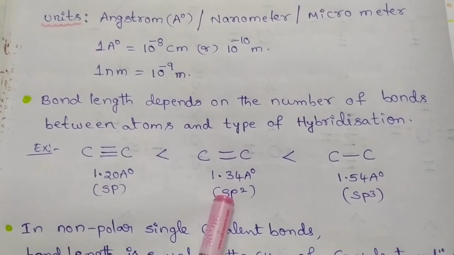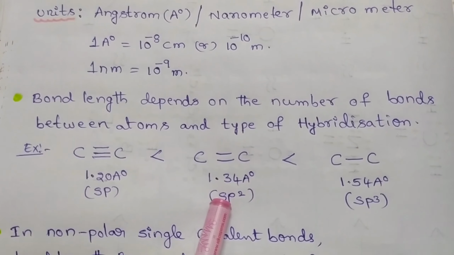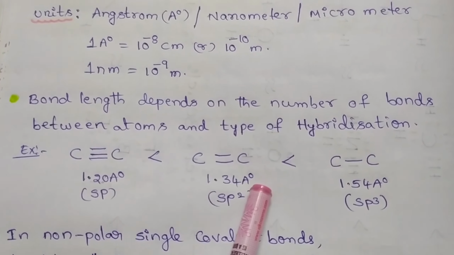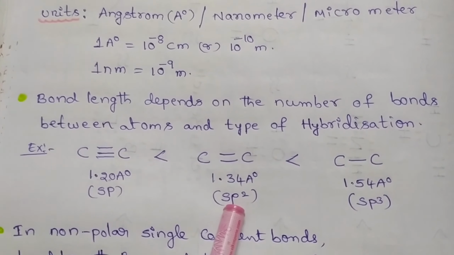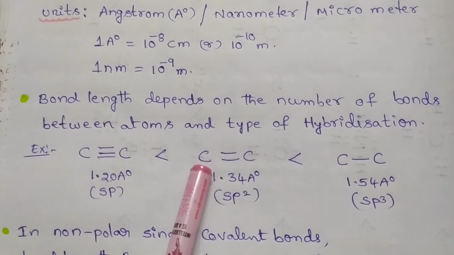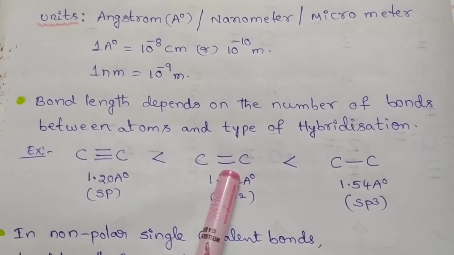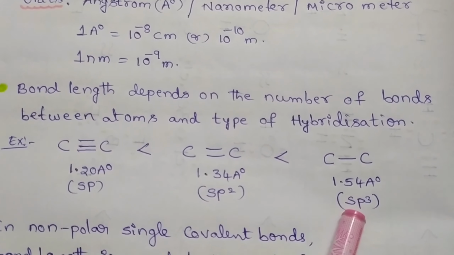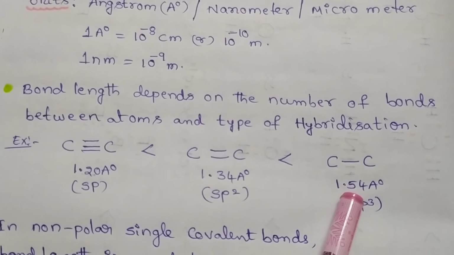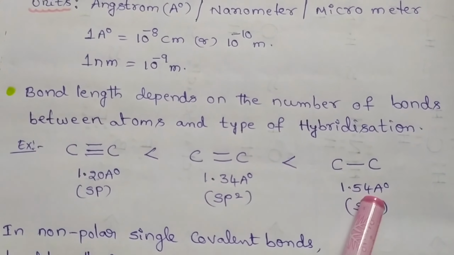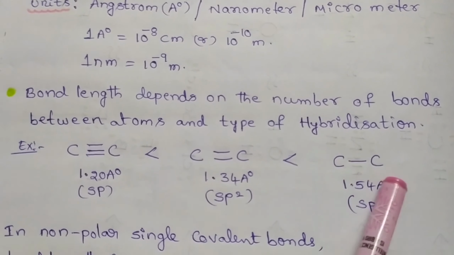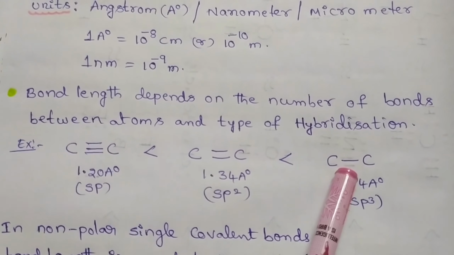For sp2 hybridized molecules, the bond length is 1.34 angstrom units, and between the two atoms there is a double bond. In sp3 hybridized molecules, the bond length is equal to 1.54 angstrom units, and between the two carbon atoms there is a single bond.